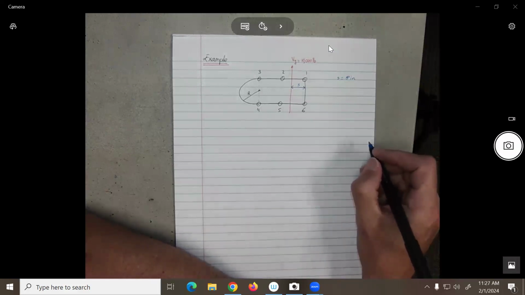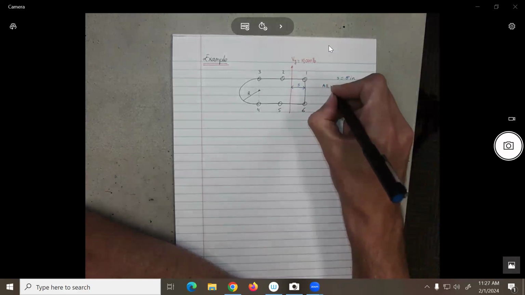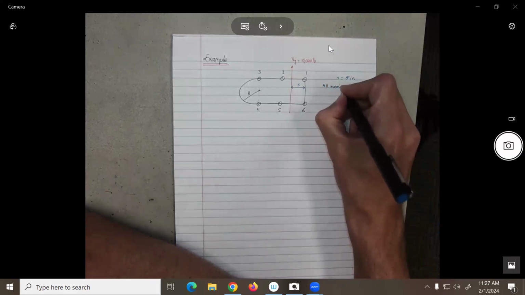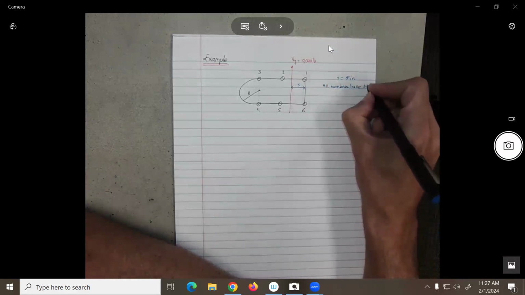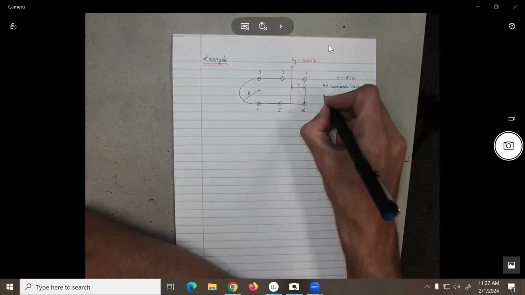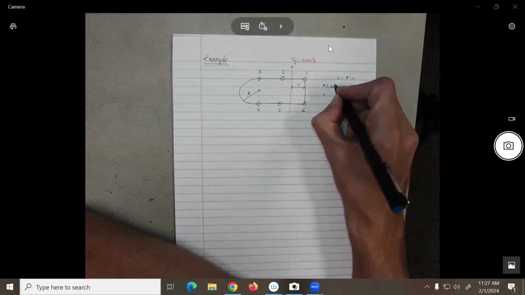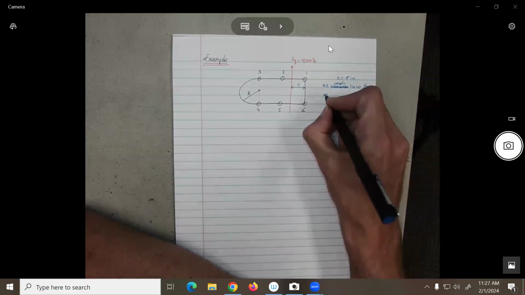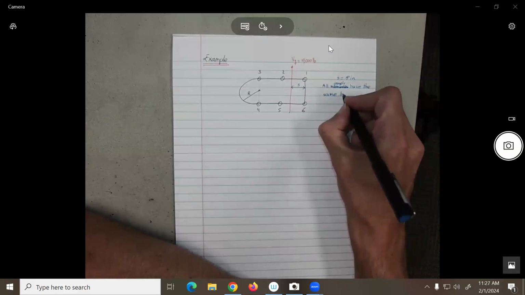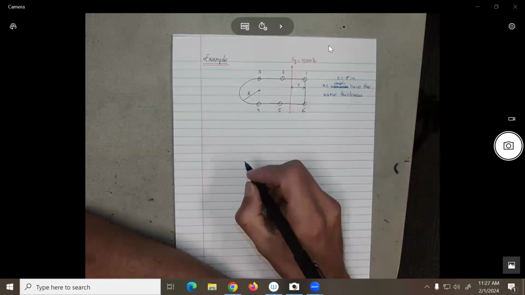Then we can say that all panels have the same thickness.